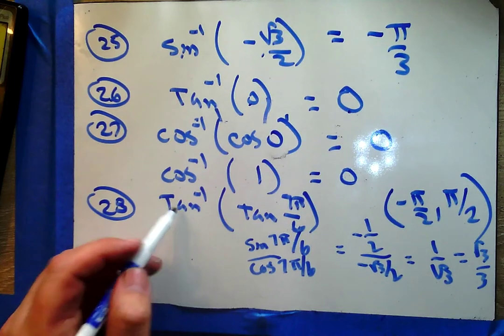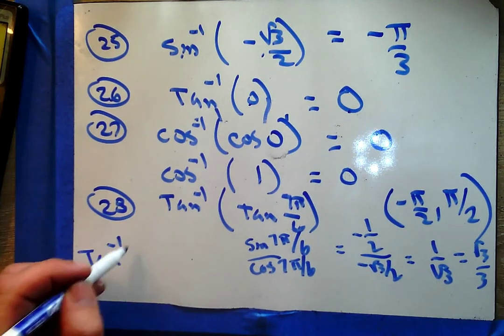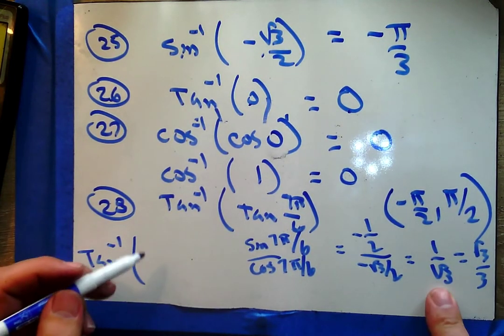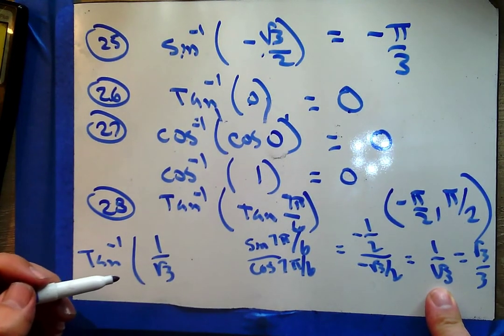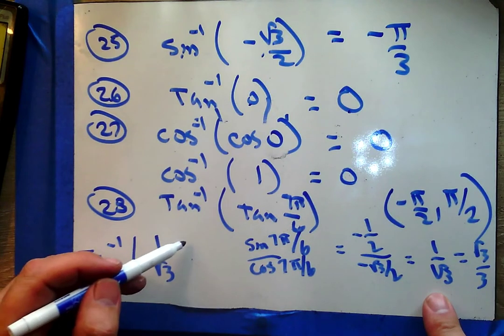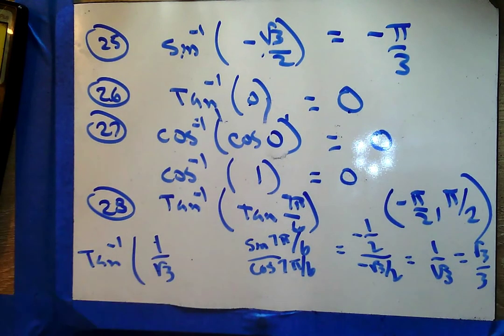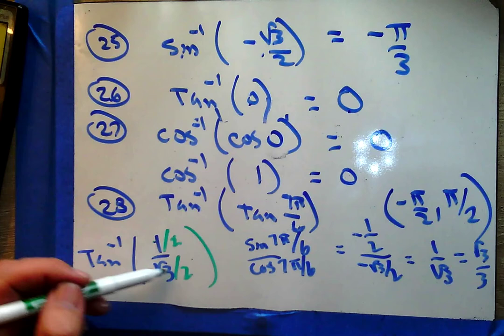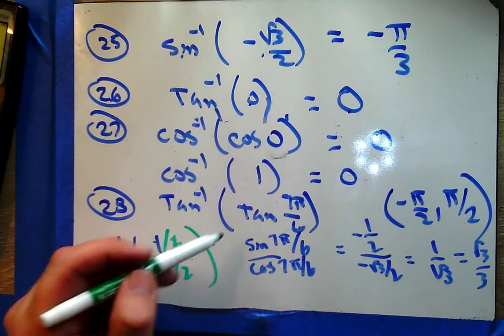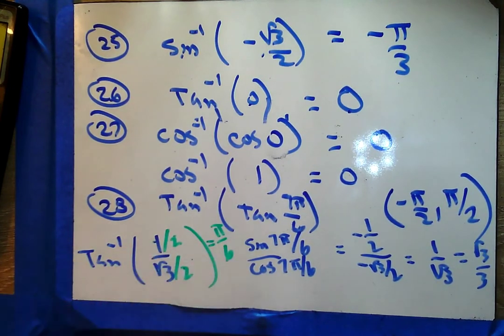Now I want to know what angle has 1 over root 3 as its sine and cosine. And again, I come to that place where I don't know, but if I do this, I can say, okay, the sine is supposed to be this, the cosine is supposed to be that. How about pi over 6? Yes, pi over 6 works great.